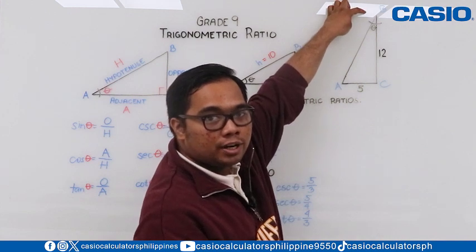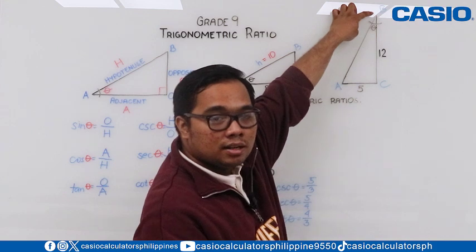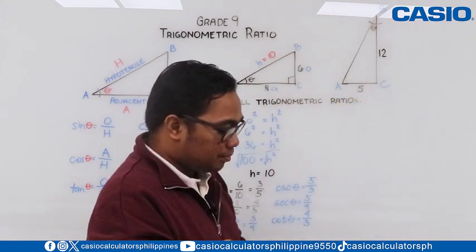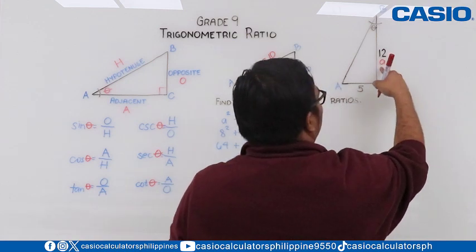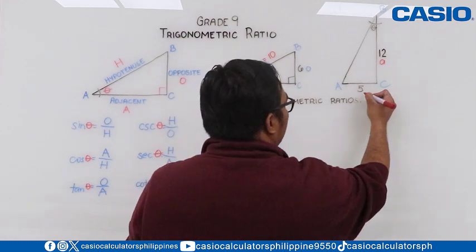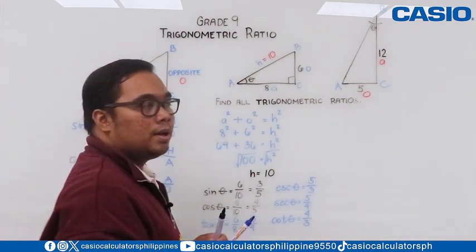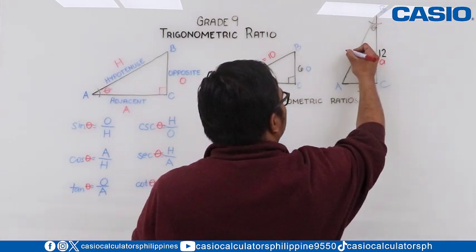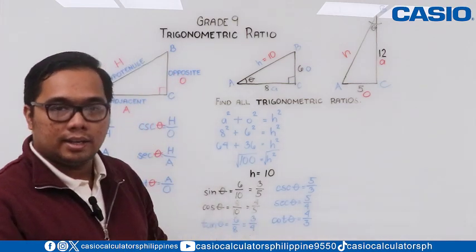So, therefore, the adjacent side of angle B is 12. Very good. So, we have here our adjacent side, and our opposite side now is side AC. So, let's name it as side O. And then our hypotenuse remains the same. It is the opposite of our right angle.